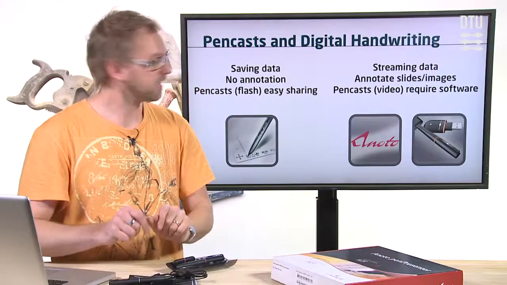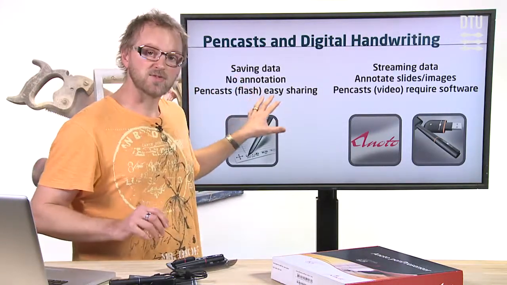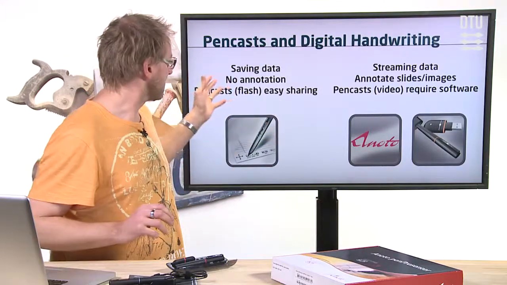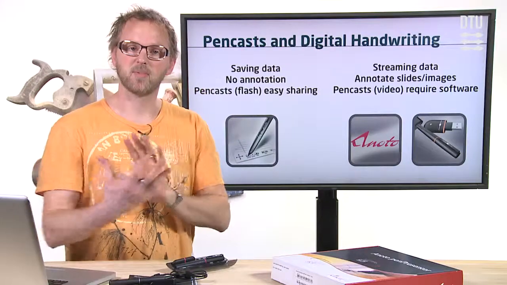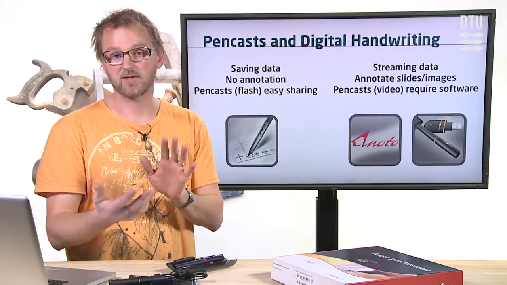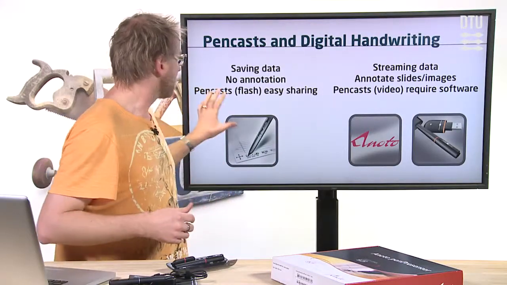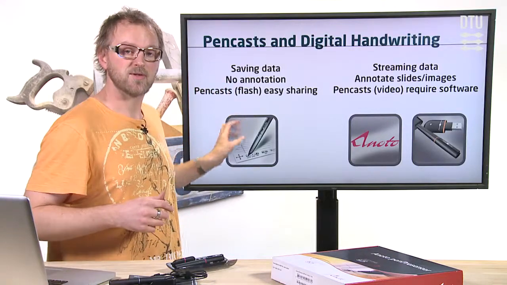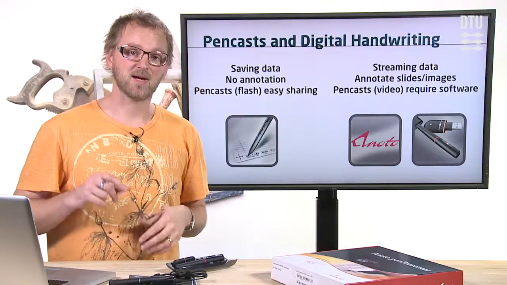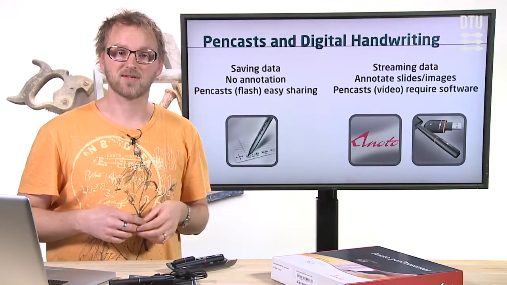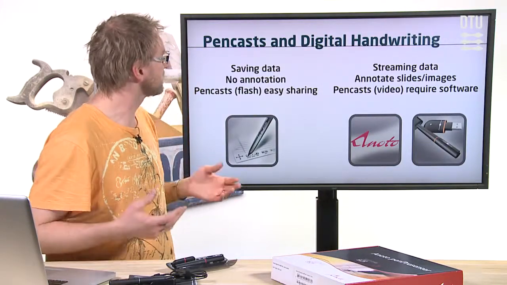You dock it like that. You can't annotate anything with the Pulse Smart Pen because there seems to be no way you can put a background image behind your handwriting, unfortunately. But the very strong thing about the Pulse Smart Pen is that you can easily create pencasts and by a single click upload them to the internet and share them with students and so on.